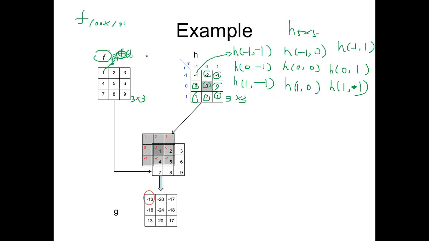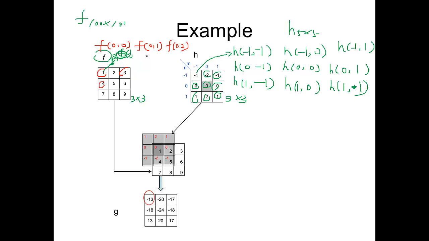For F, we just use the normal labeling. For example, this one we can label as F00, then this one F01, then this one F02.